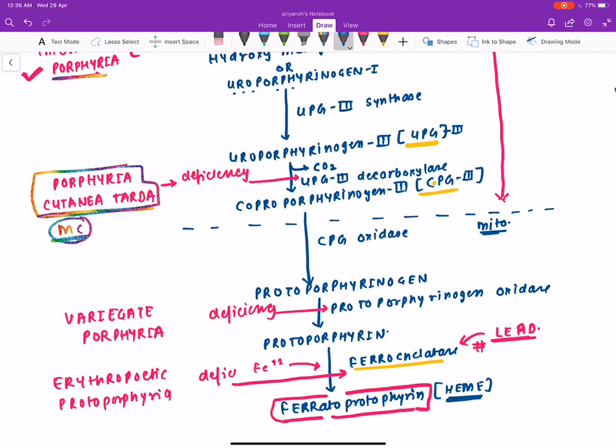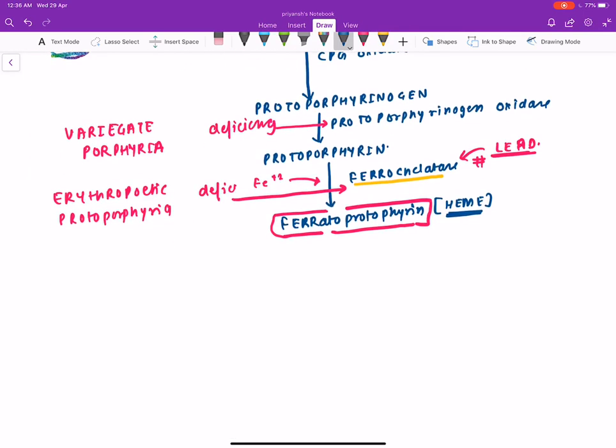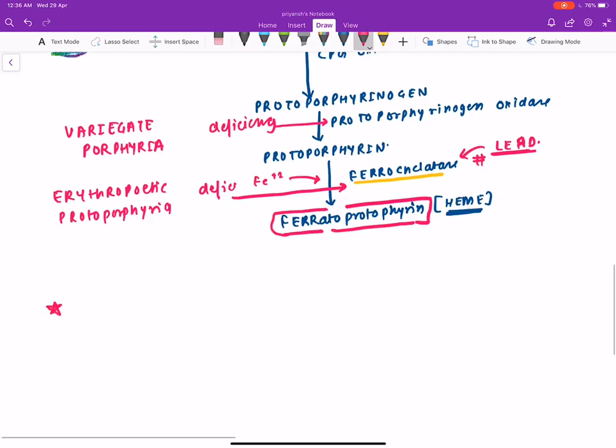Once we are clear with this pathway, I want to highlight 2-3 facts that they can use to give you a clinical scenario and ask you a question.